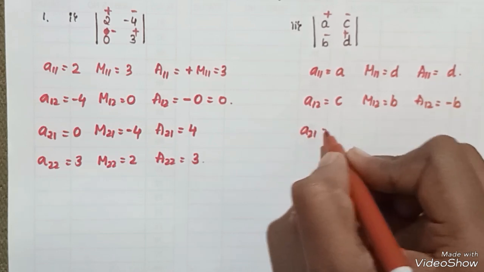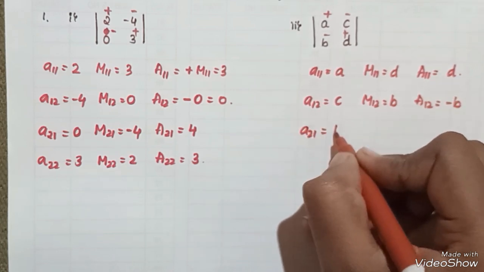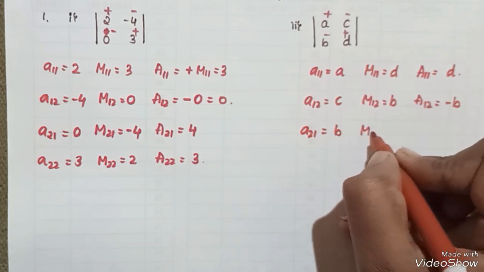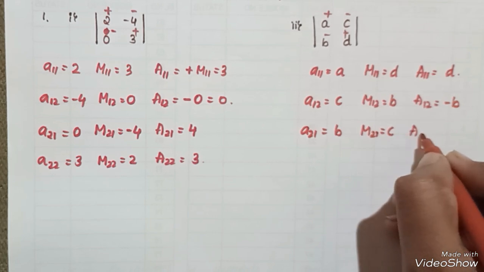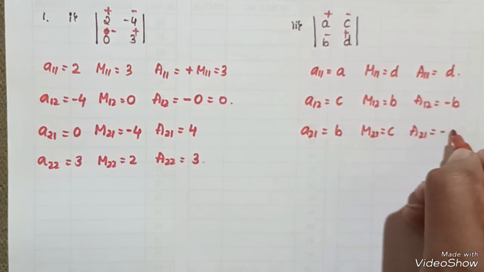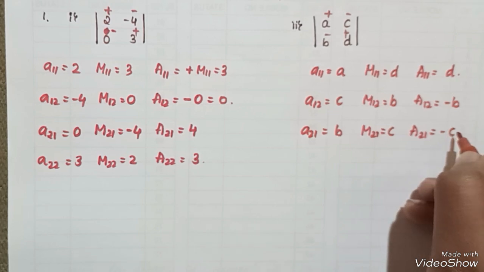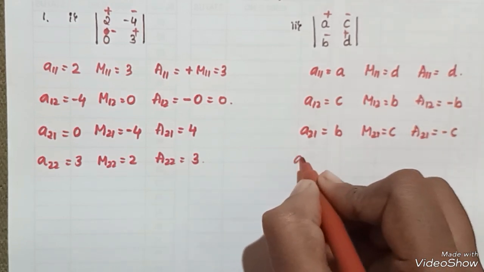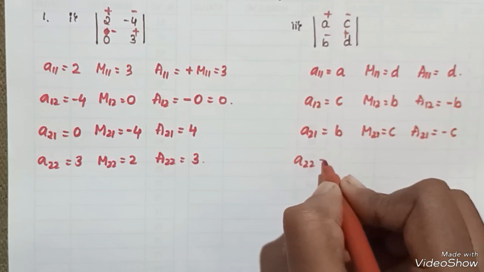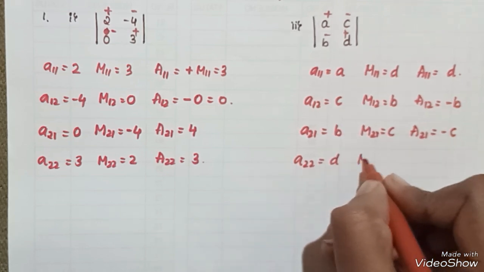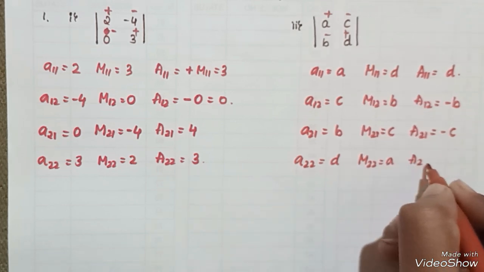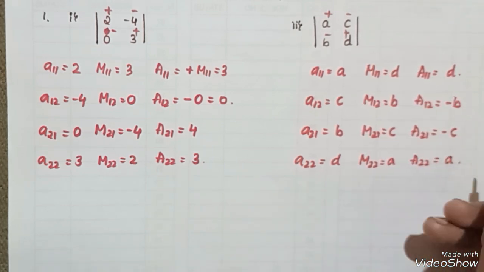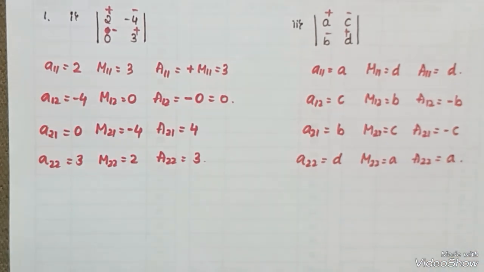Again, 21, the element B, the minor is C, multiplied by the negative symbol, so A21 is -C. Again A22, the element D, the corresponding minor is A, then the cofactor is plus A. These are the minors and cofactors of the given determinant.